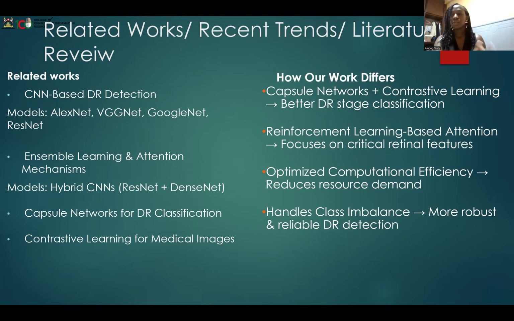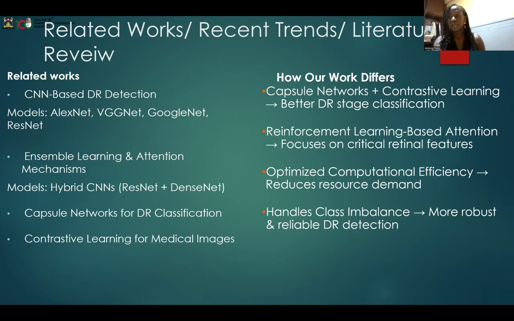For capsule networks, the model establishes relationships between the features. It involves learning how the different parts of the retina relate to each other and how they're affected by diabetic retinopathy. Then for the final one, contrastive learning for medical images.